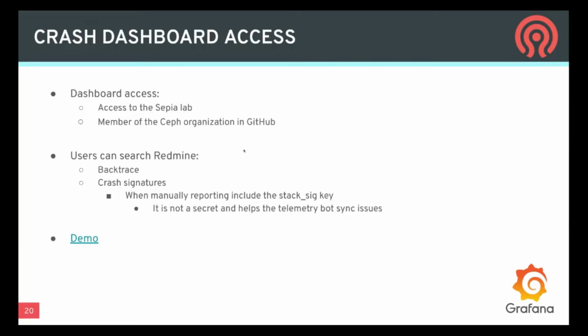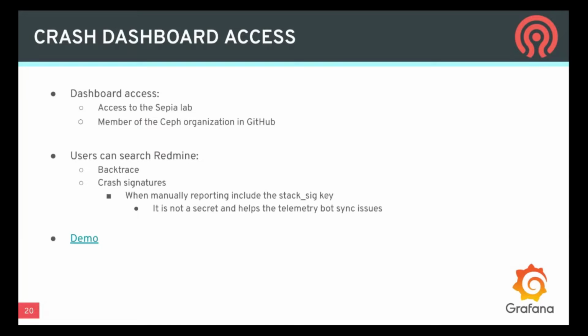All right, in order to access the dashboards, developers need to have access to the CPL lab and to be members of the Ceph organization in GitHub. Users can search Redmine for the backtrace, for specific frames in their backtrace, and for crash signatures.